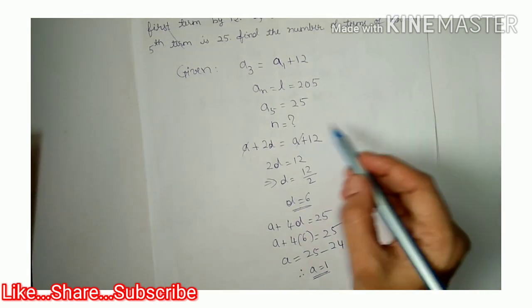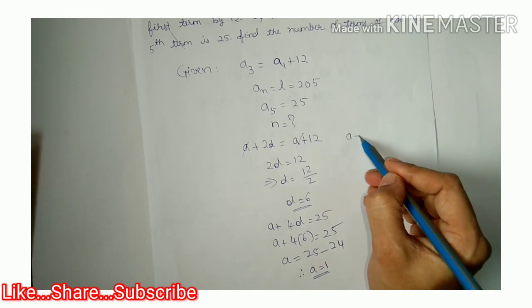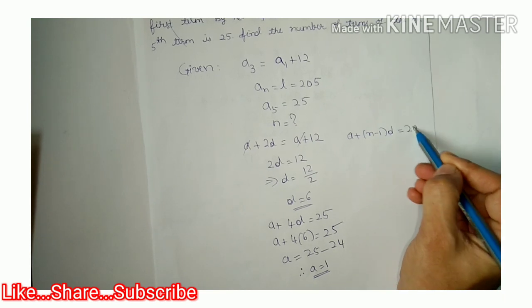Let us find the number of terms. The nth term of the AP, A plus n minus 1 into D, is 205.